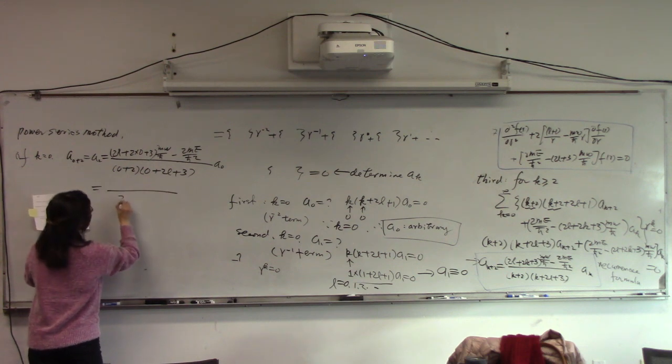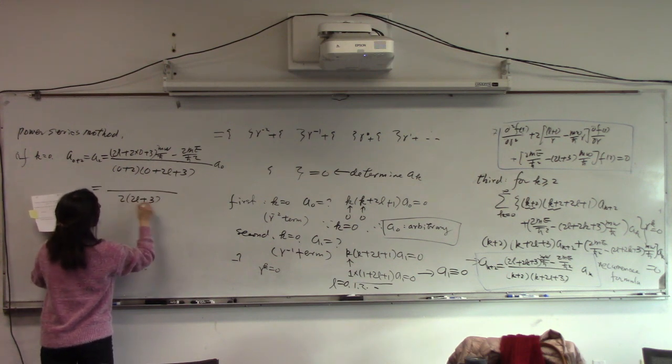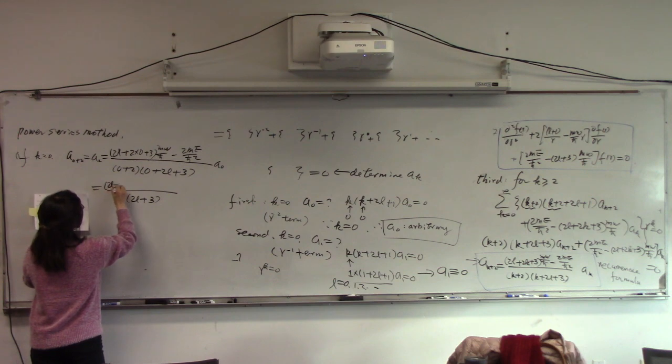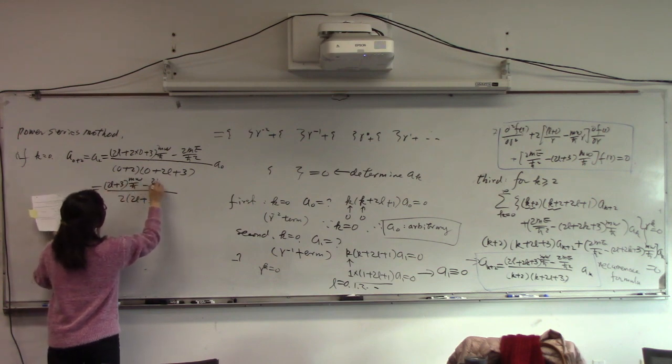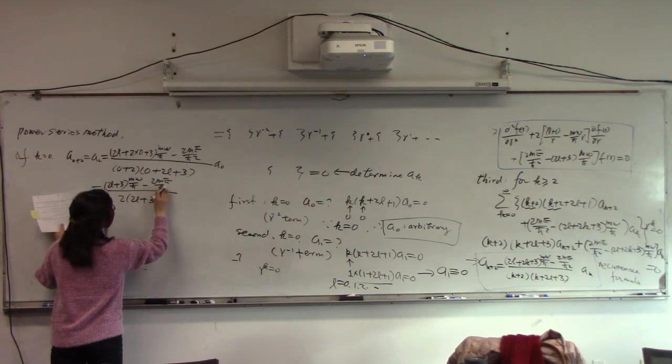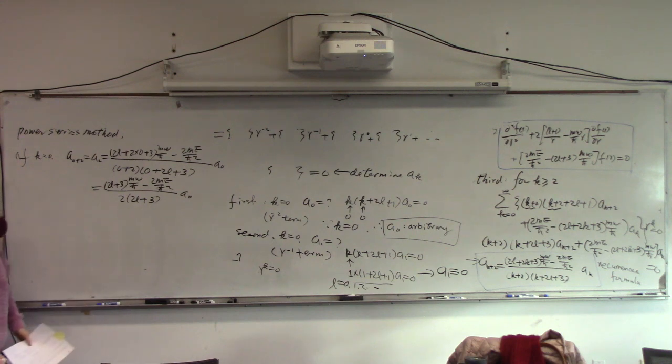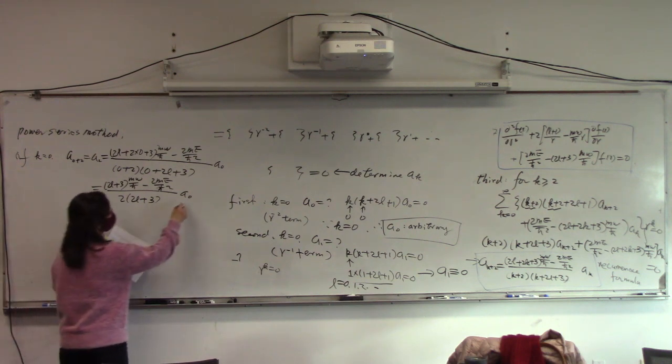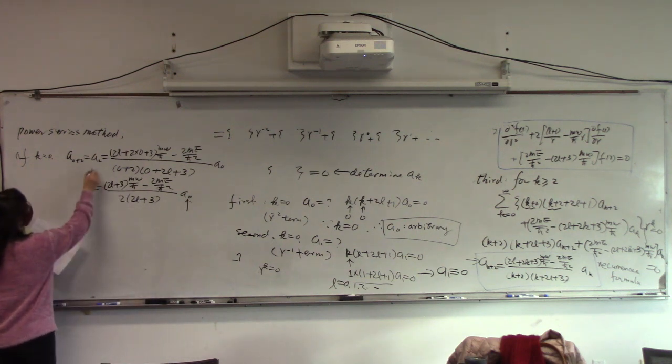So this one is 2l plus 3, and that is 2l plus 3 m omega h bar minus 2mE over h bar. So very easily, if we know a naught, we can find a2.